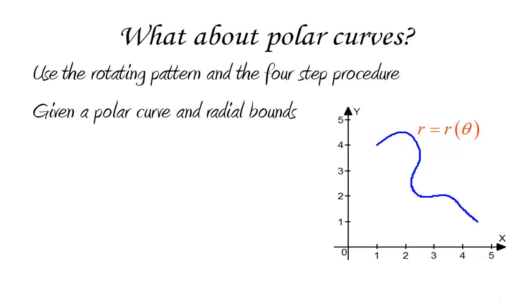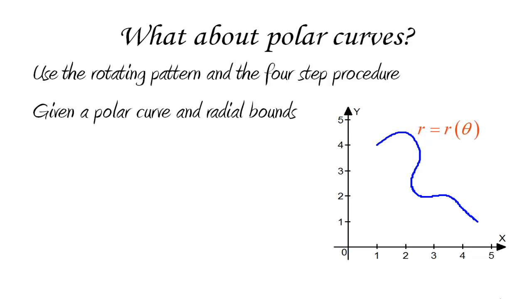We have a curve which is expressed in polar coordinates, so the radius is a function of the angle theta. Everything is done by rotating around the pole as opposed to going left and right. Even though we do have an x and a y axis with a scale, we're really thinking of this curve as rotating around the pole.